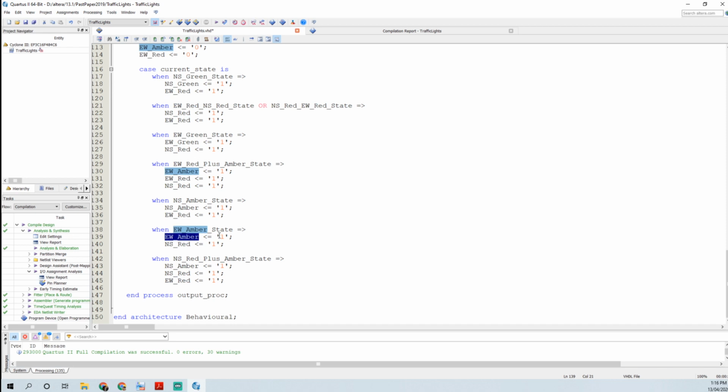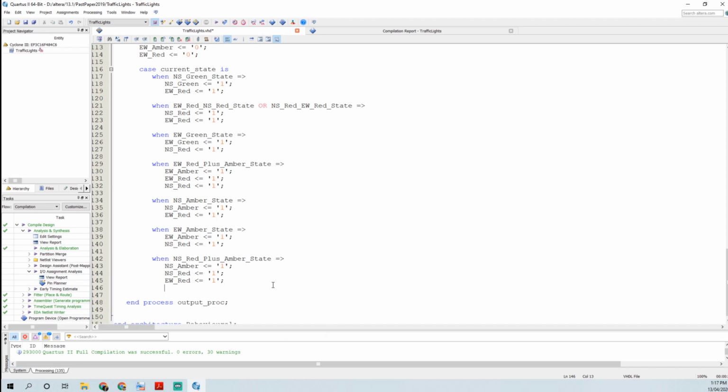Likewise, east-west amber is going to be high when I'm in that state, and north-south red is going to be high. And then when I'm in the north-south red plus amber, it's kind of like east-west red plus amber again, where both the red and amber lights of the north-south direction are going to be high, but my east-west lights have to be red because north-south is going to turn green soon.